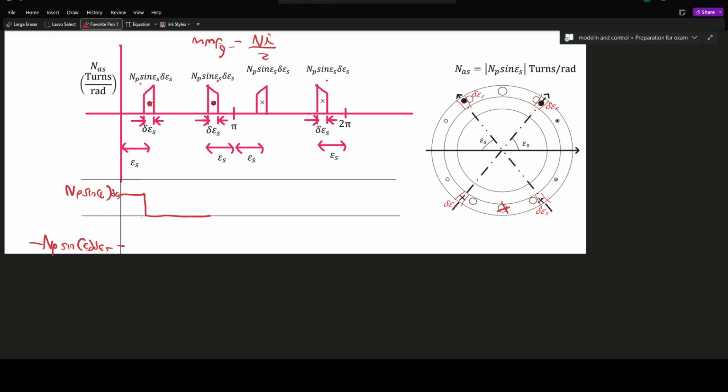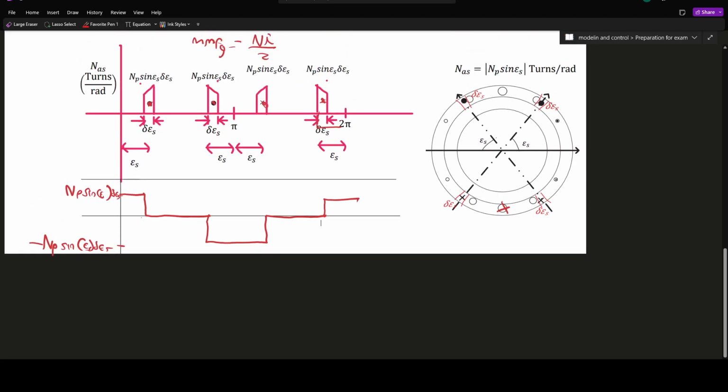From here to here they are both negative. From here to here one is positive and the other negative, so we have 0. And from here to 2 pi, both positive. So this is how the MMF is going to look if we just consider those 2 points.